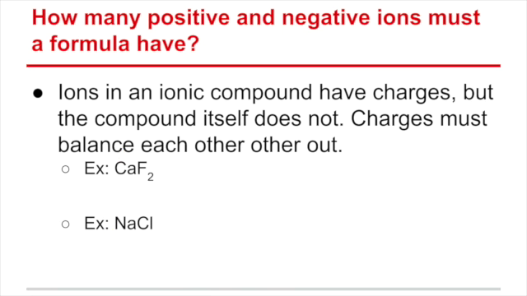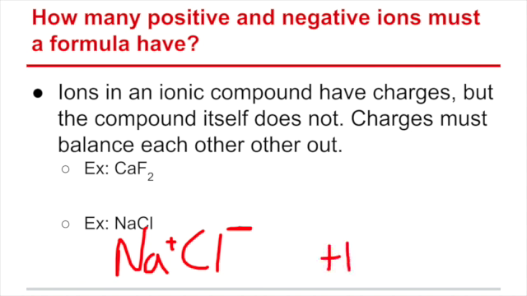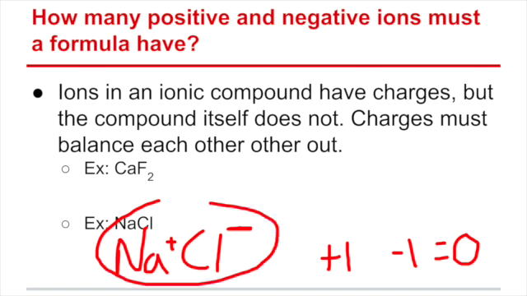Ions in an ionic compound have charges, but the compound itself does not. What does that mean? If we have Na plus and a Cl minus, you all went to kindergarten and you all know that plus 1 minus 1 equals 0. So if we take each of these ionic compounds as a whole, their charges are always going to add up to be 0.